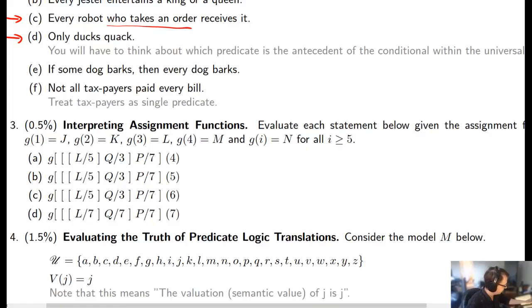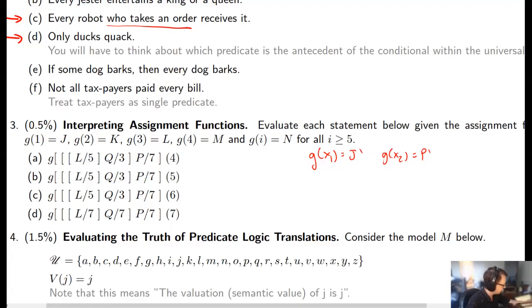In lecture, we did something like x1 is j prime and x2 is p prime. So let's say it's Jim and Pam or something.